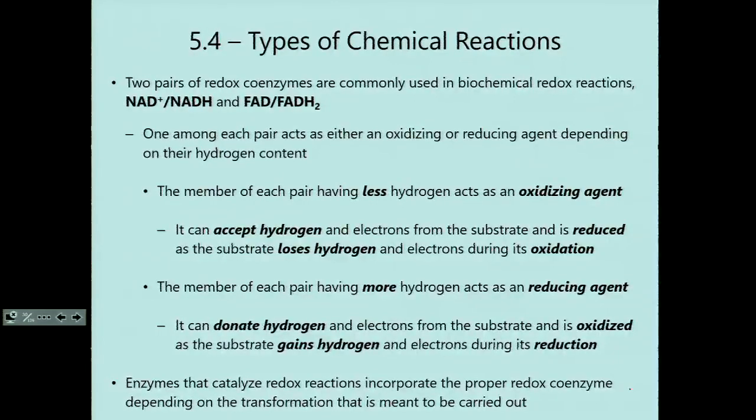If the coenzyme is being reduced, that means the substrate that the enzyme is acting on is the one becoming oxidized. Okay? The converse would be if the enzyme is carrying NADH or FADH2: the coenzyme can lose hydrogen and become oxidized in the process. The same can be said about FAD.